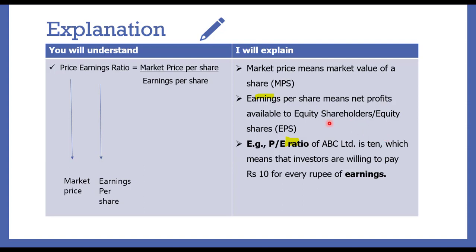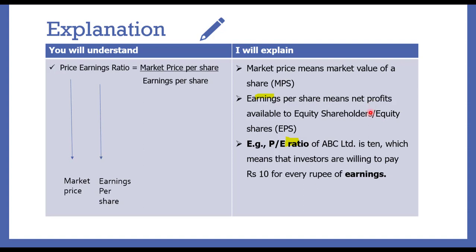Let me put it in a very easy equation. Earnings per share means total profits, whatever is left for distribution to the equity shareholders, divided by number of equity shares of the particular company. So earnings per share is equal to the net profits divided by number of equity shares.